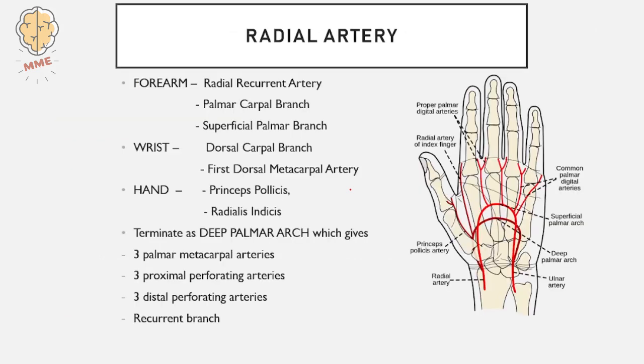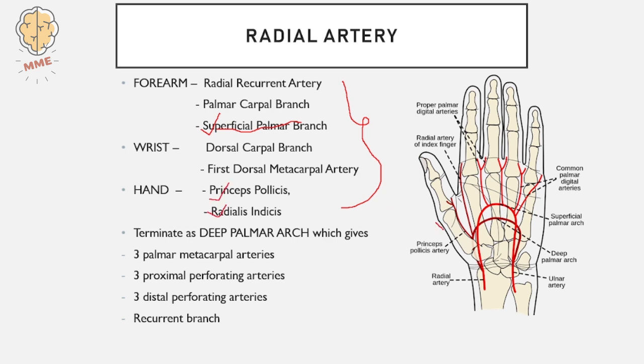So next, radial artery. Radial artery gives all these branches, of which you might face a question in your PG examinations, as this one is a superficial palmar branch which supplies the skin of the thumb and the index over this area mostly, and the hand's princeps pollicis and radialis indicis.